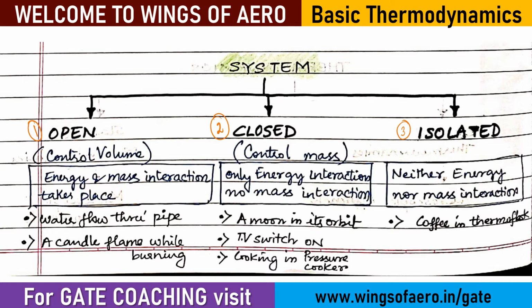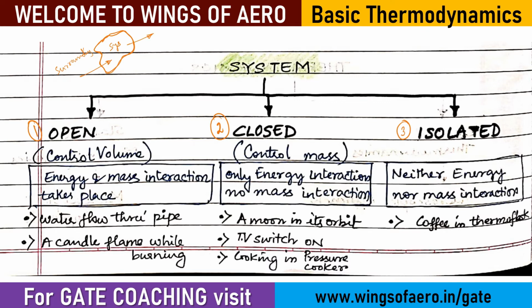Now looking into the open system, again recollecting the entire universe. So this is the system, this is the surrounding, and that thick line which I have drawn is the boundary. Now what it says, in the open system, the energy or the mass can interact. That means it can transfer either the energy or the mass.